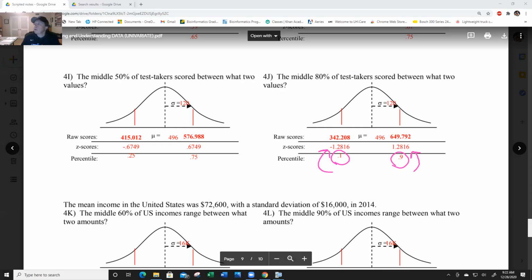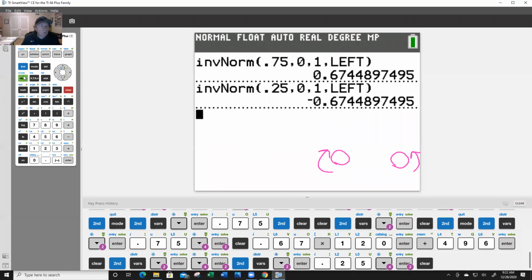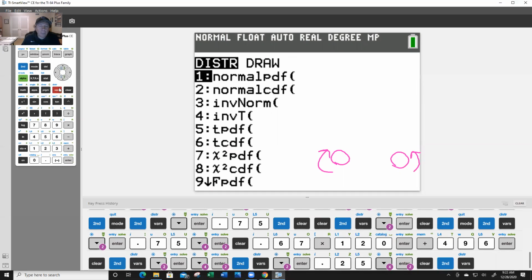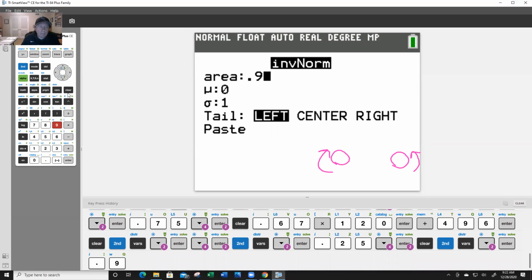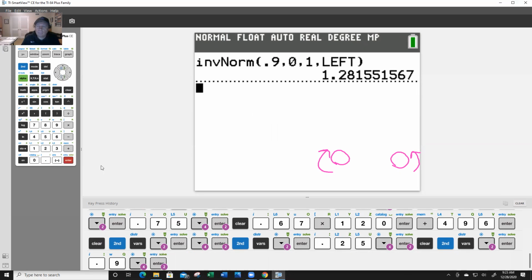So on the inverse, I'm going to go to my calculator. Maybe I'll show you the table too. On the calculator, we're going to go second distribution, inverse norm, 0.9. That's 1.28. I'll do the other one. You already know it's negative 1.28.